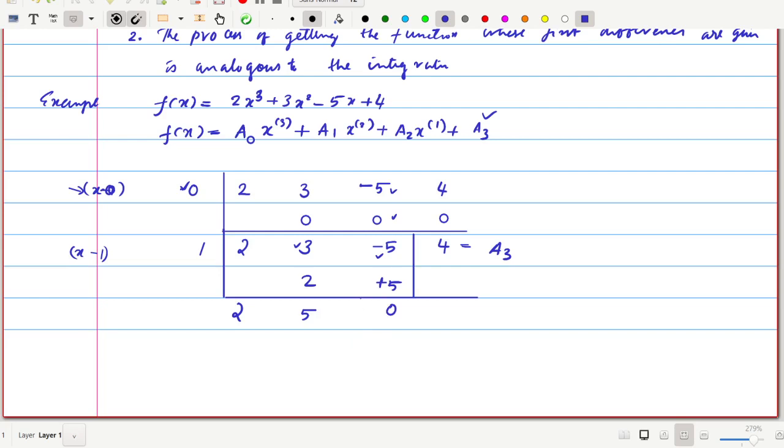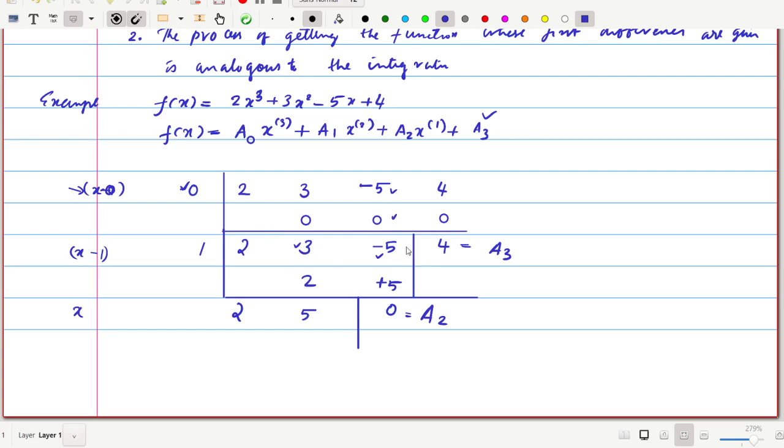Separate this part, this is going to be a2. Next we need to divide the polynomial 2x cube plus 3x square minus 5x plus 4 by x, and you will get 2, 3, minus 5 here, and 4 is the remainder.